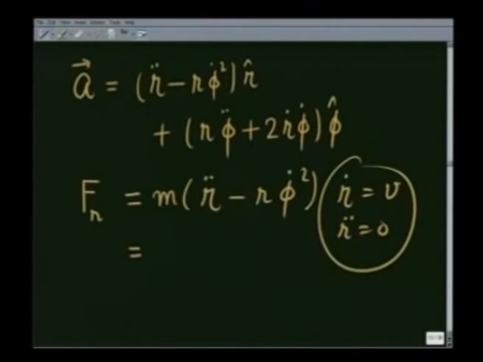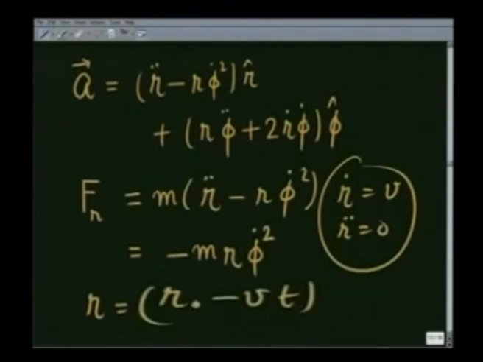I have Fr equal to minus m r phi dot square. Also, r is going to be its initial r0 minus Vt, because r just keeps on decreasing at a constant rate.